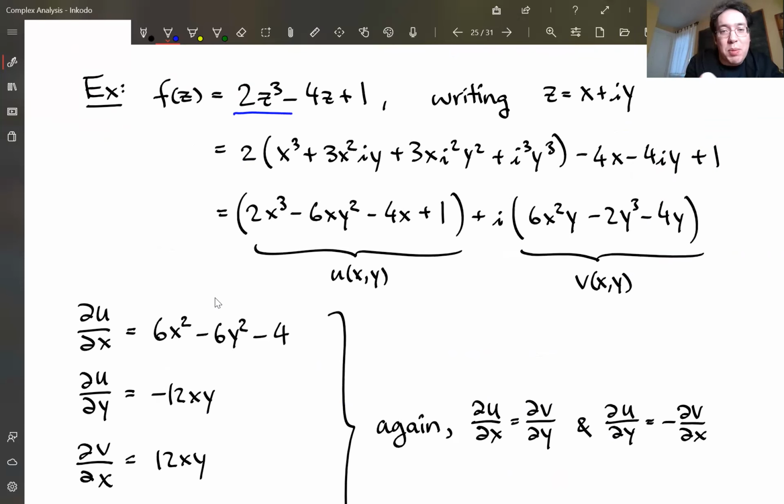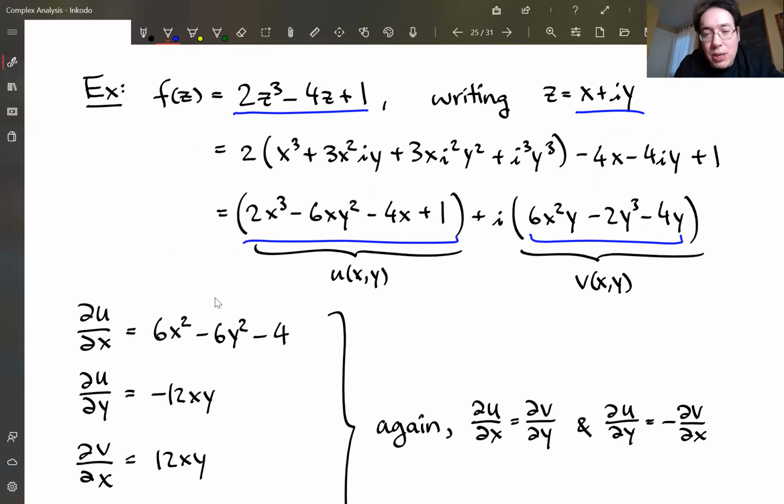If I have a polynomial in z, I could replace z with x plus iy, multiply it all out, and collect real and imaginary terms. This is what I get for the real and imaginary part of this polynomial, 2z cubed minus 4z plus 1. I know that polynomial is an entire function, so this is complex analytic.